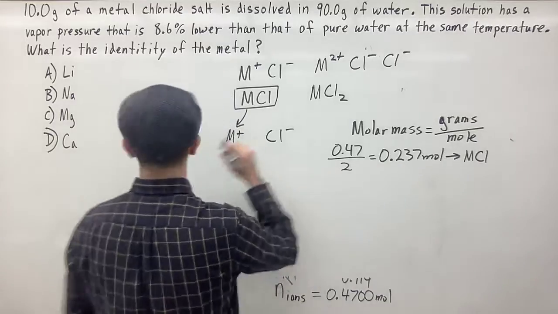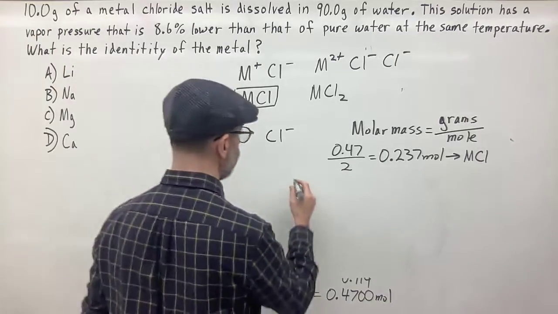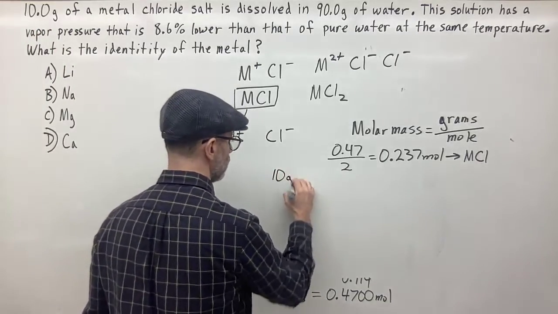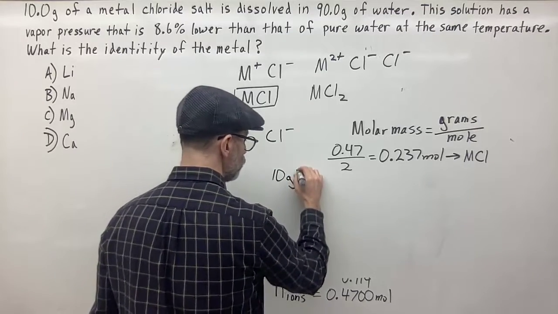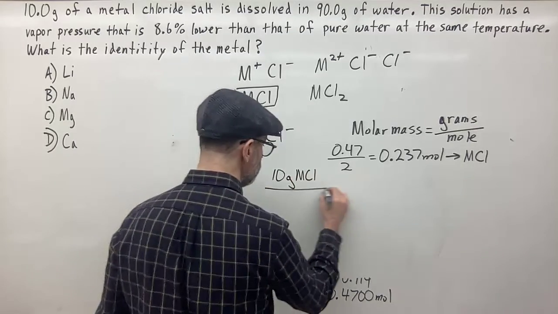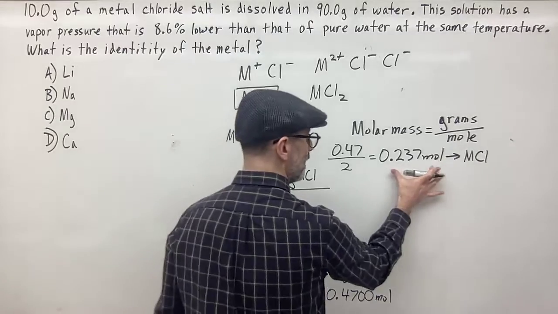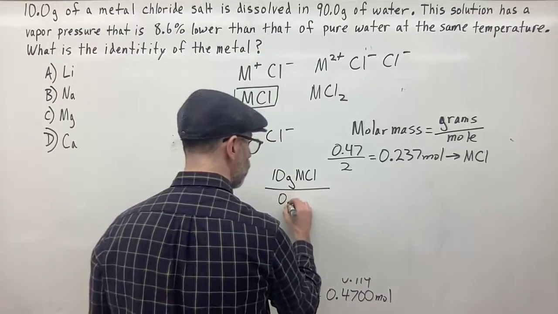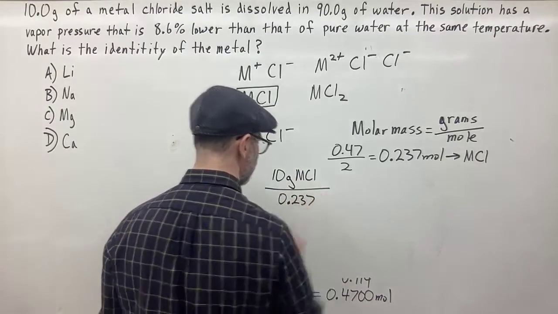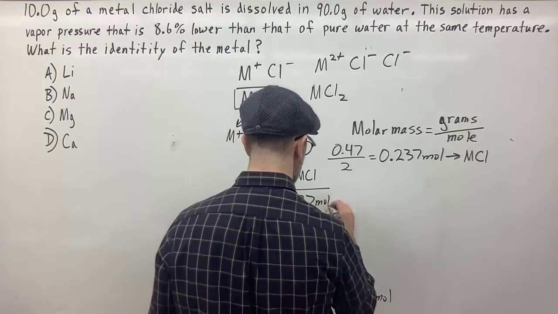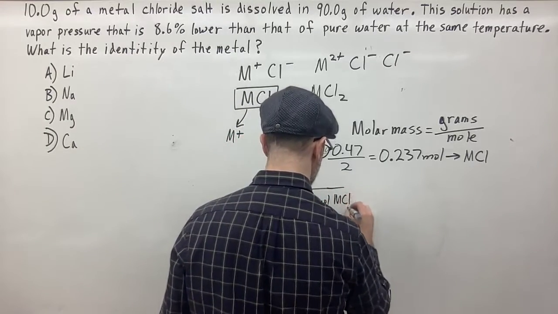So then I'm going to take the 10 grams of the metal chloride, assuming it's MCl, divided by this number of moles, 0.237 moles of MCl.